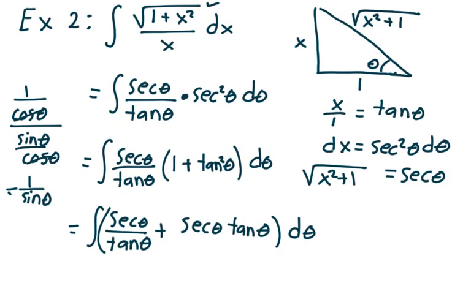Now, if we go back to the triangle, cosecant theta is square root of x squared plus 1 divided by x.